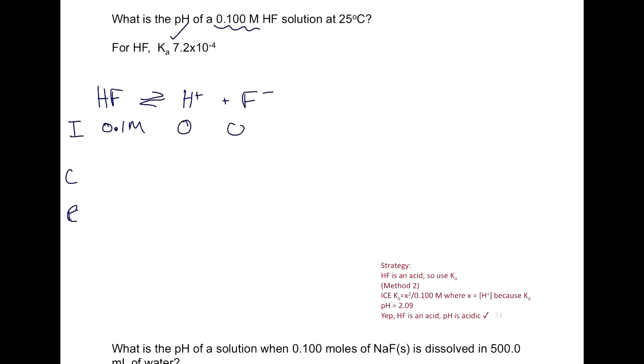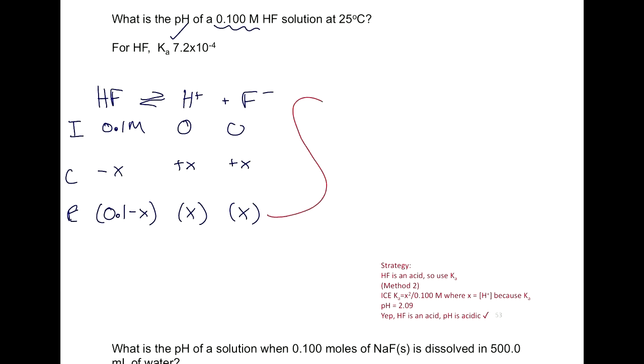Which way does this reaction have to go? Forward, so it's minus X, plus X, plus X. So at equilibrium, we lose a little bit of our original HF. It ionizes into H plus and F minus. What is the trick with ice tables? The E line goes where? Into the K expression, as always.